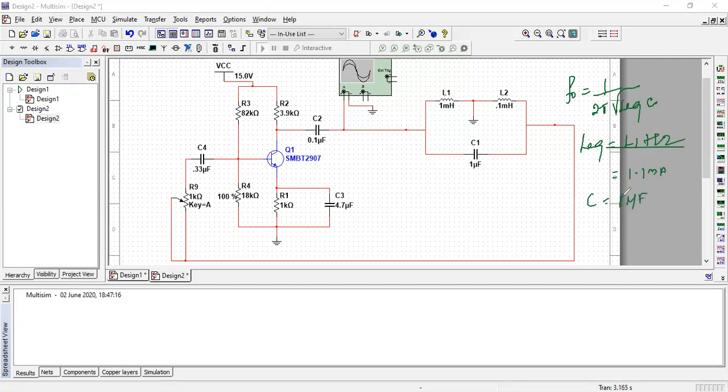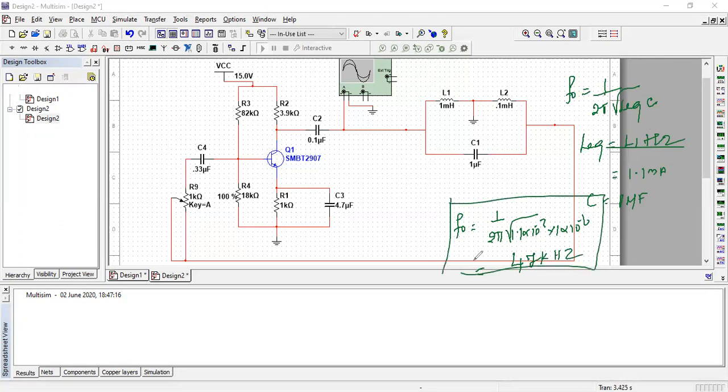Substitute that into the equation: f naught equals 1 by 2 pi root of 1.1 into 10 to the power of minus 3 into 1 into 10 to the power of minus 6. So we are getting around 47 kilohertz. This is the frequency this oscillator circuit is capable of producing.